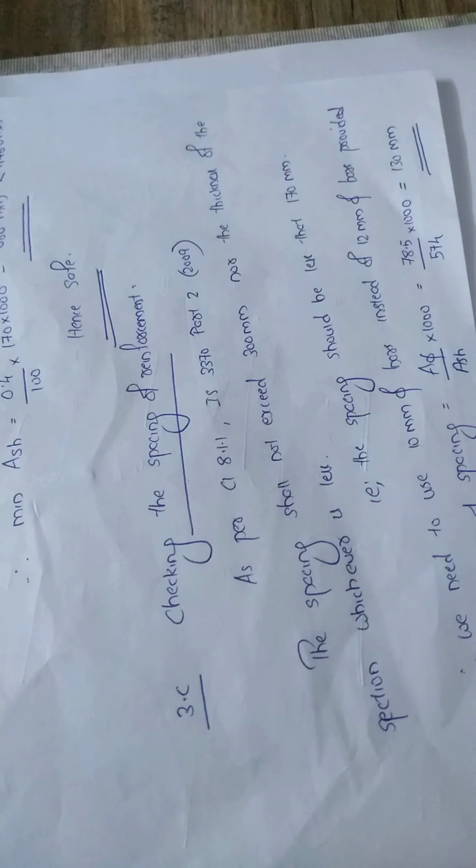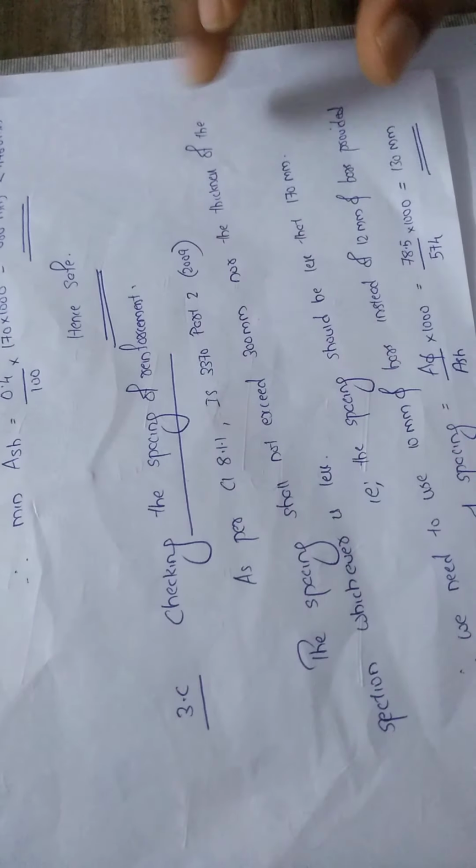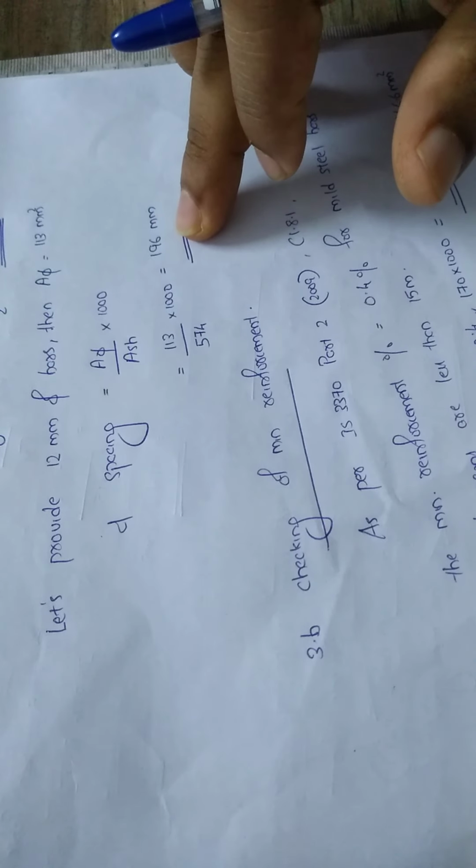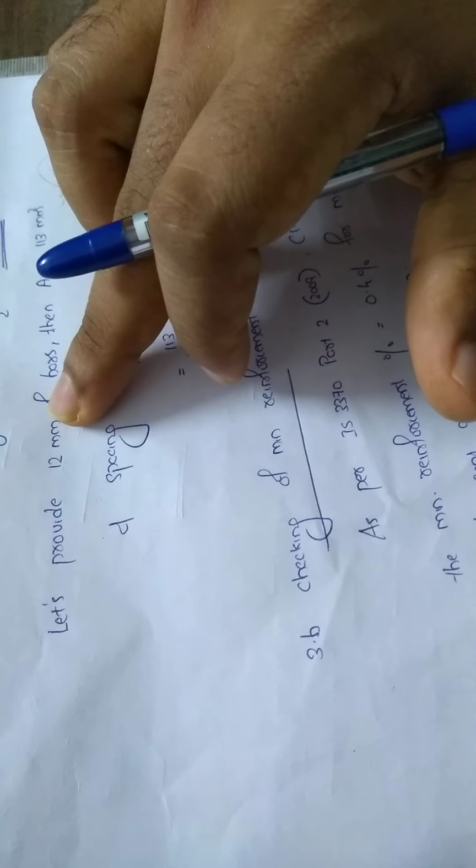300 mm nor the thickness of the section, which is 170 mm. But here we are getting 196 mm using 12 mm dia bars. So if I need to restrict to 170 mm, I have to reduce the diameter of the bar.